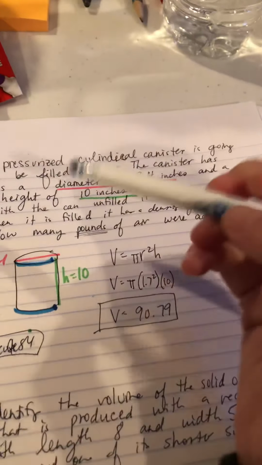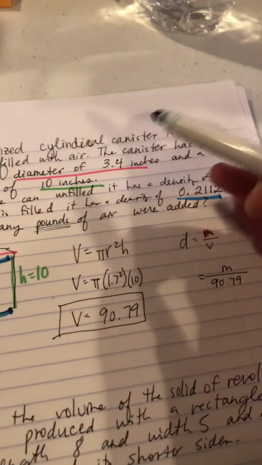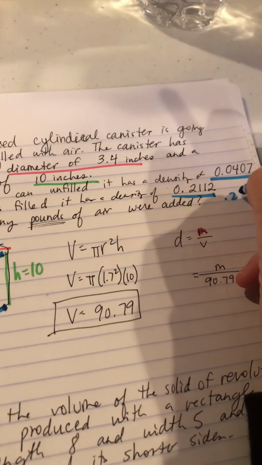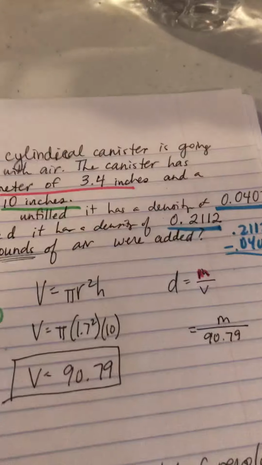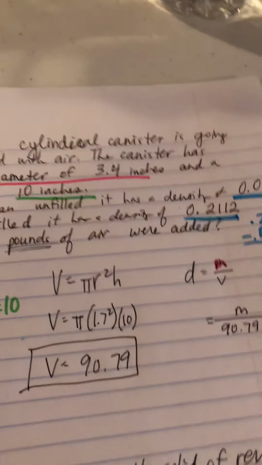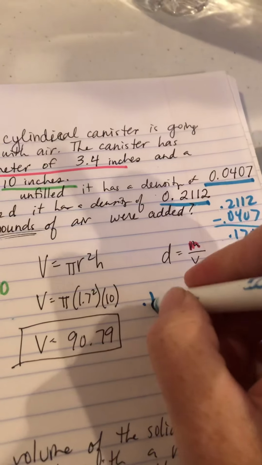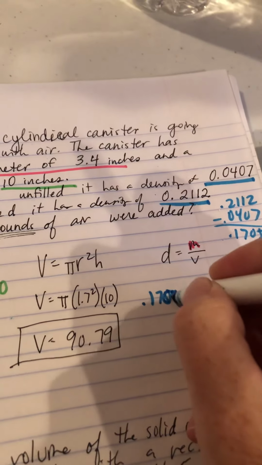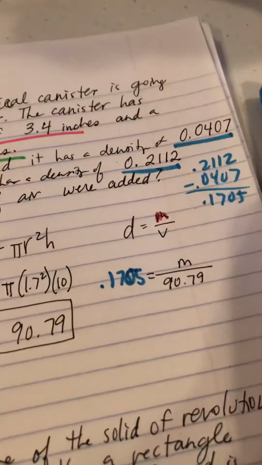So for me to find how much air went in density, I'm just going to subtract these. I'm going to take my 0.2112 minus 0.0407. I get 0.1705. Okay, and now there's one more step.